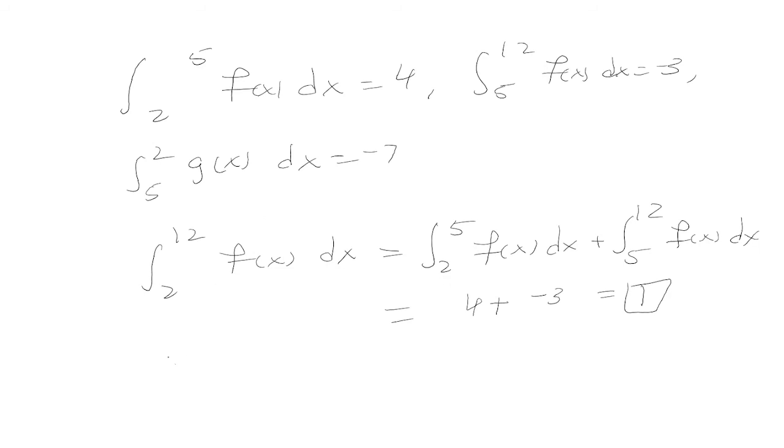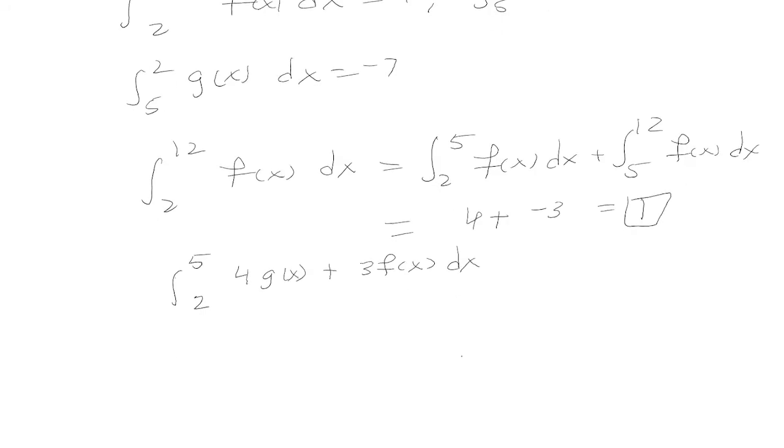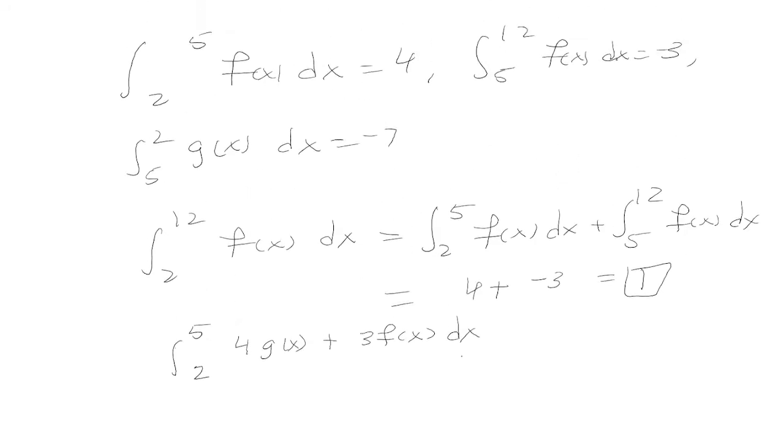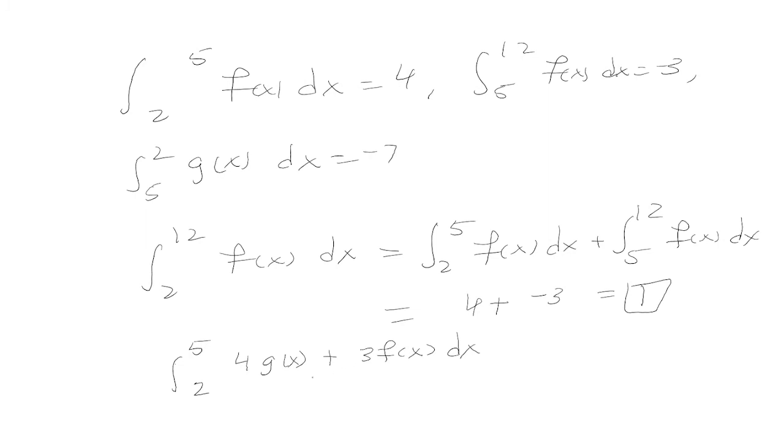Okay, and then from that, let's find the integral from 2 to 5 of 4 times g of x plus 3 times f of x dx. So let's see. This will be 4 times the integral from 2 to 5 of g of x plus 3 times the integral from 2 to 5 of f of x dx.